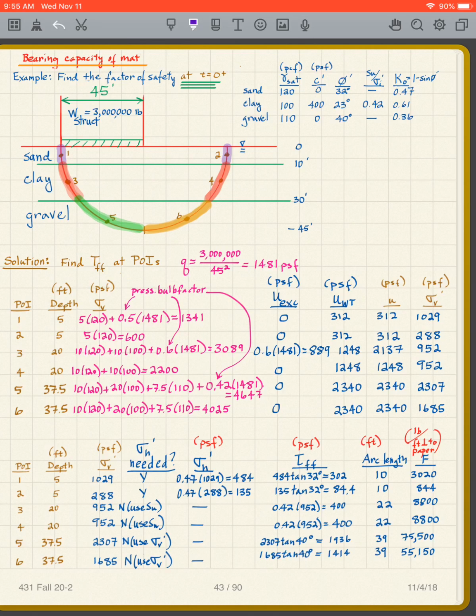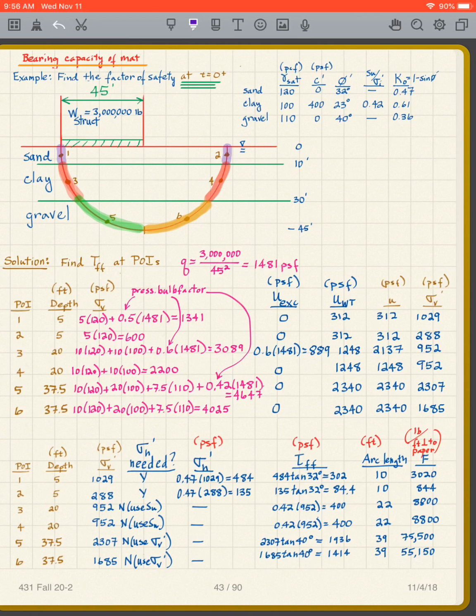But I kept it reasonably simple. I've broken it up into 6 segments: 1, 2, 3, 4, 5, 6, and we're trying to get the tau FF on each of those surfaces. What is going to be the strength at each of those surfaces?